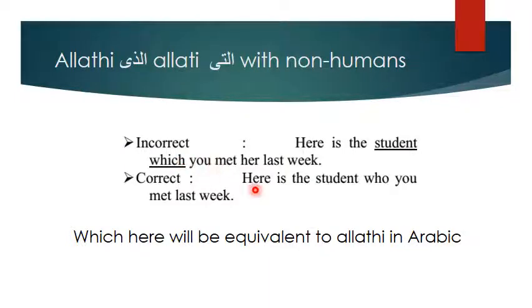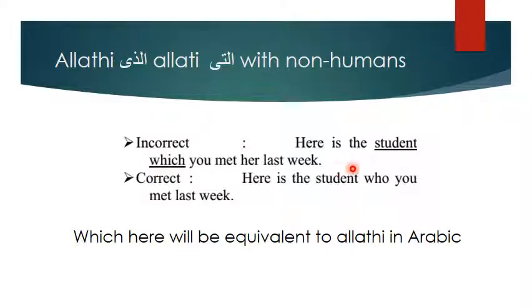So but in English we have it, we have which is used with non-humans. So Arab learners will mix up this and will just say الذي in Arabic. They will say الذي, which is equivalent for them, it is equivalent to which.